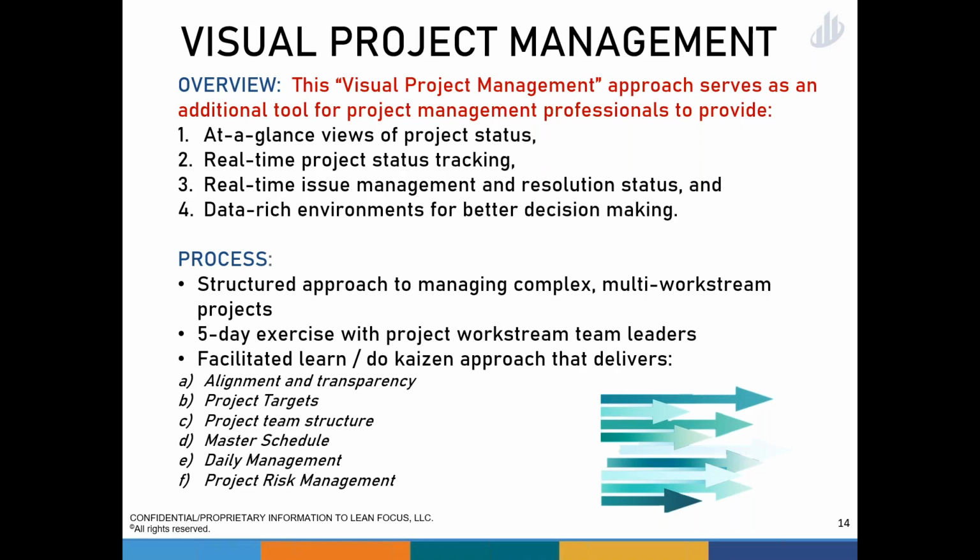What this is, in project management terms, is kind of that rolling wave view, right? It's really an at-a-glance view of the key project status, right? Real-time sense of the tracking, and really focused on issue management, right? Escalating the key issues, the key focus areas, and using that with data to drive our decision making.